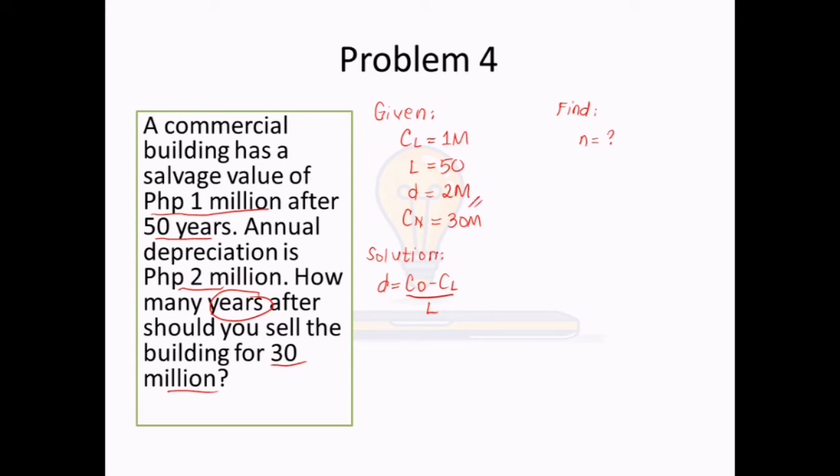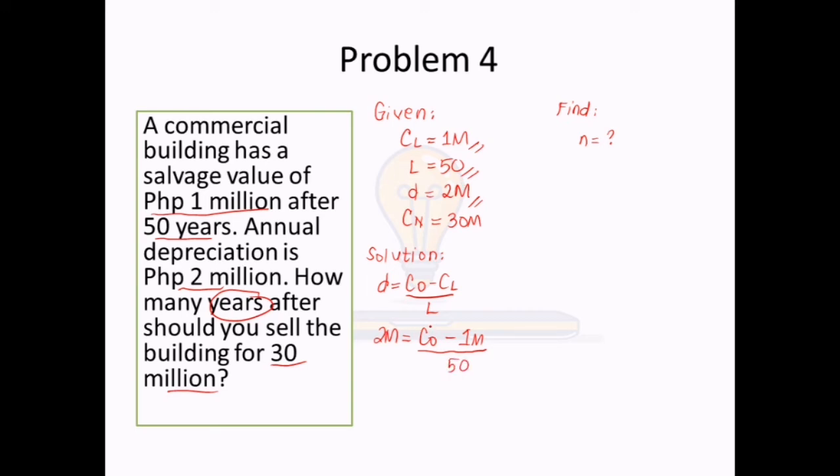So d is equal to 2 million. It should be equal to the first cost, which for now is still unknown, minus our salvage value of 1 million pesos all over the given useful life of 50 years.